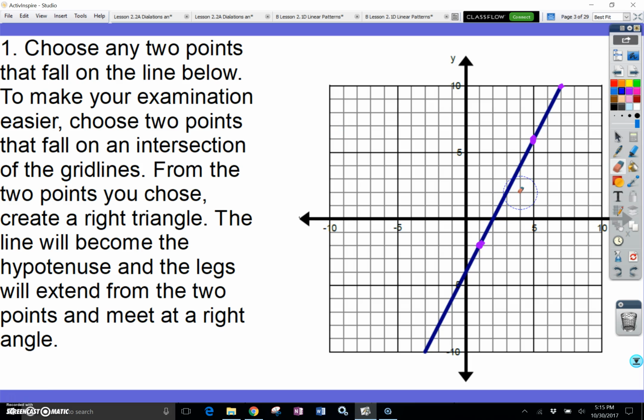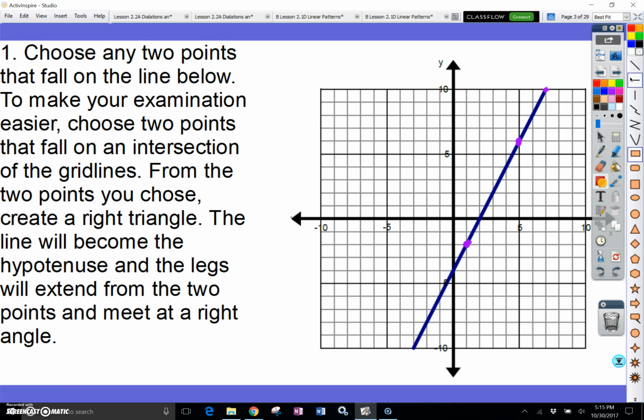So from the 2 points you chose, create a right triangle. The line will become the hypotenuse and the legs will extend from the 2 points to meet at a right angle. So if I were to take this line, what this is saying is I chose 3 points. We can choose any 3, or any 2 I should say.